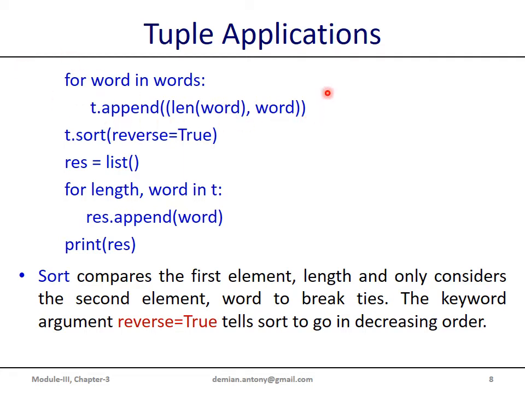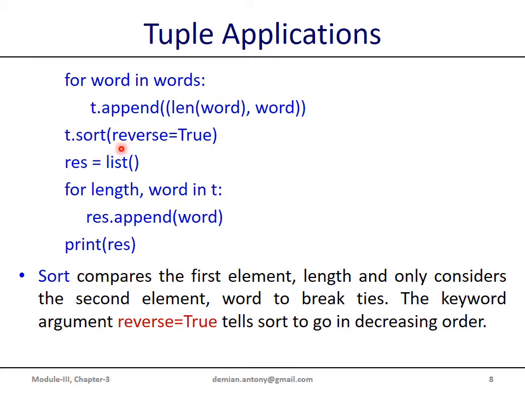Once I have a list of tuples, I need to sort that list of tuples in the reverse order, descending order. That's why the sort function takes the parameter reverse equal to true. Now these tuples are sorted first based on the length. If the length is the same, then it is based on the word comparison.